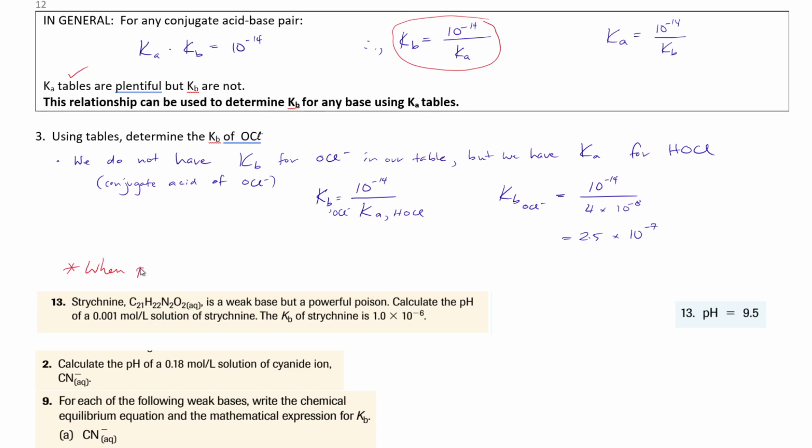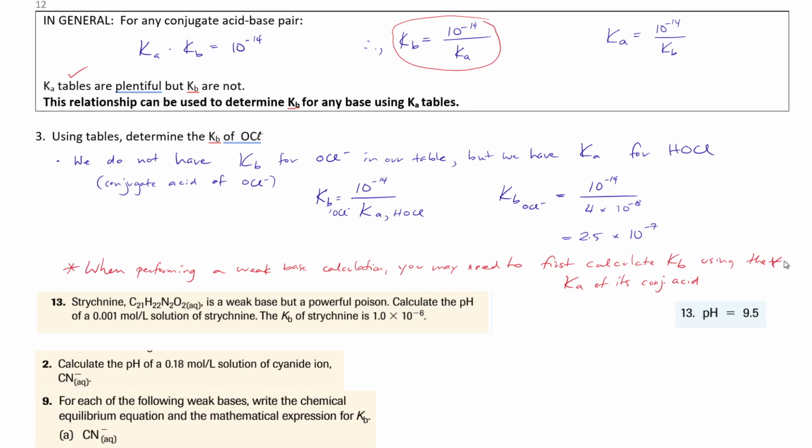When performing a weak base calculation, you may need to first calculate Kb using the Ka of its conjugate acid.